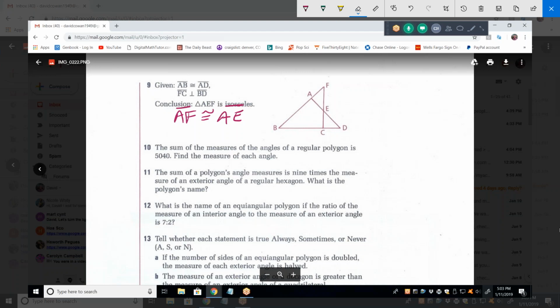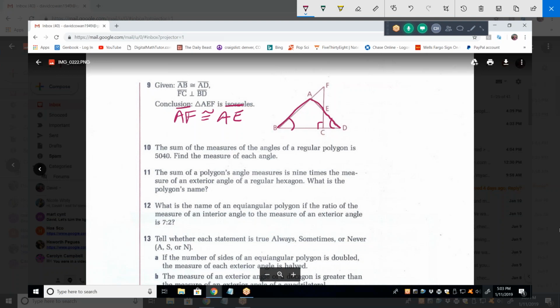Let's see. We know that that is the same as that. And we know this is a right angle. So this triangle is isosceles, right? Which makes that equal to that.